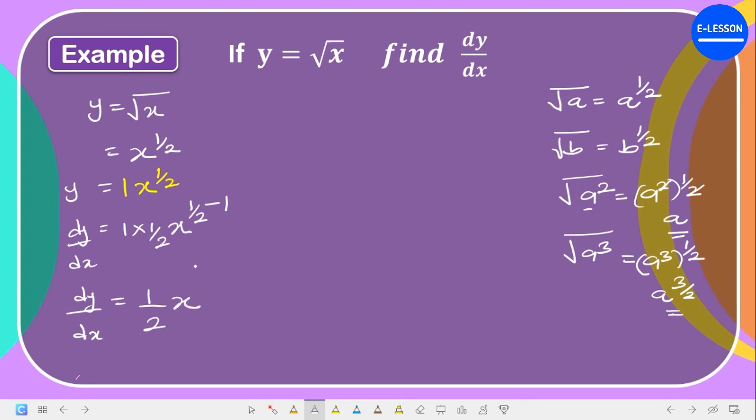Then there you have x, half minus 1 is minus half.